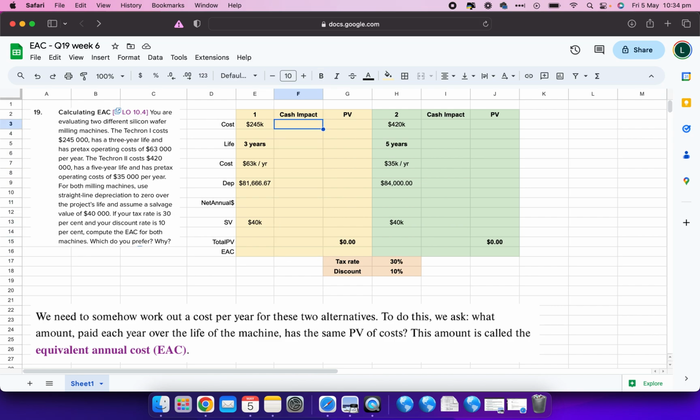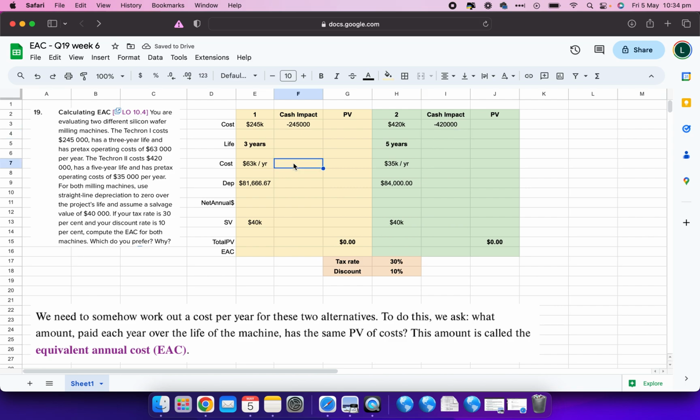So when we've got a cost, we're buying something, it's money out the door, right? So we're going to go negative 245. Okay, and the same here is negative 420 for our other one. Okay, because that's money going out the door, so it's a negative.